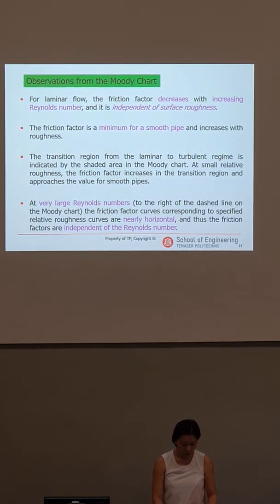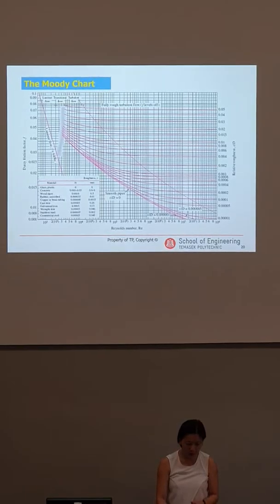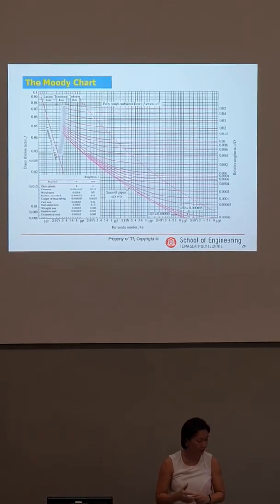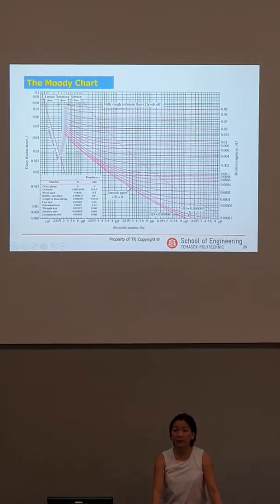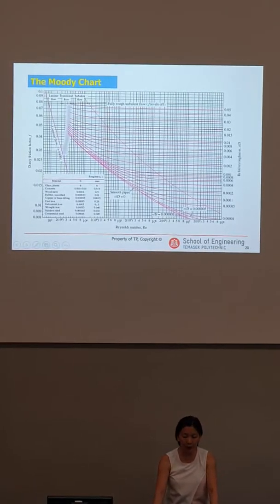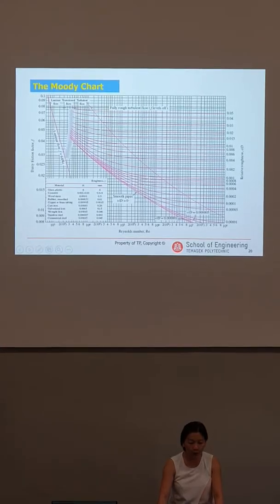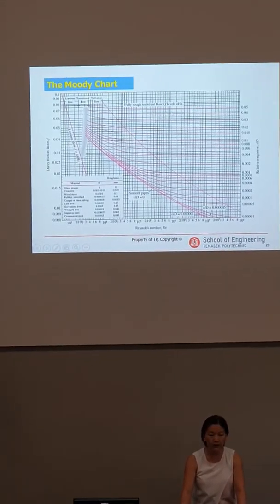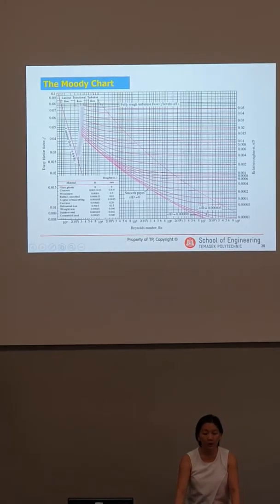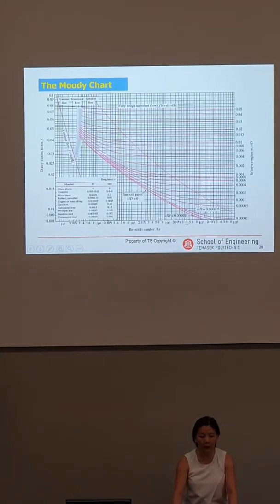But one question came out a few times for the Moody chart under MCQ, so I highlighted it to you. If you look at this Moody chart, to the right of this dotted curve, can you see it? To the right of it, the line is almost constant. In other words, it is independent of the Reynolds number.